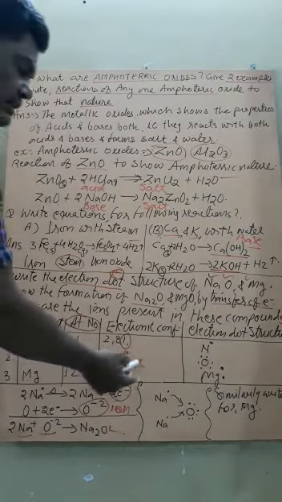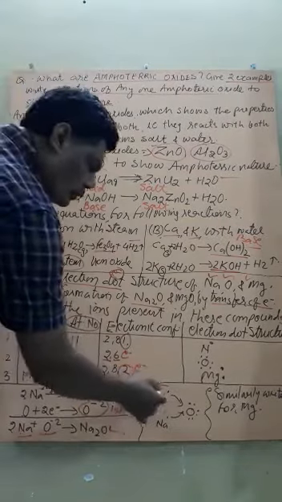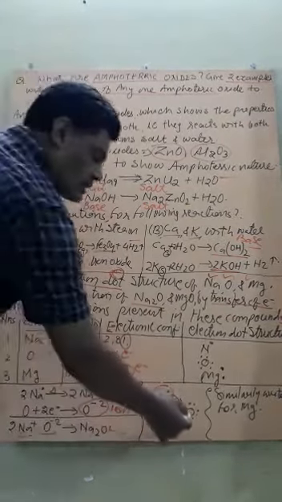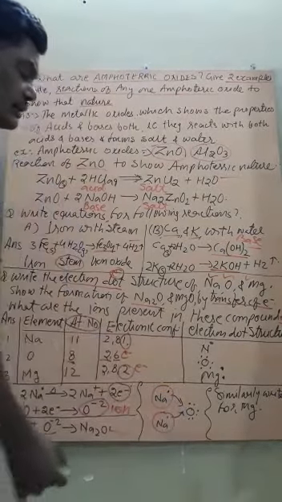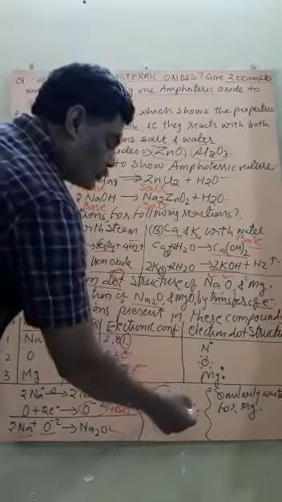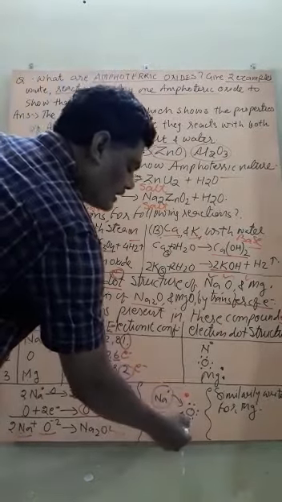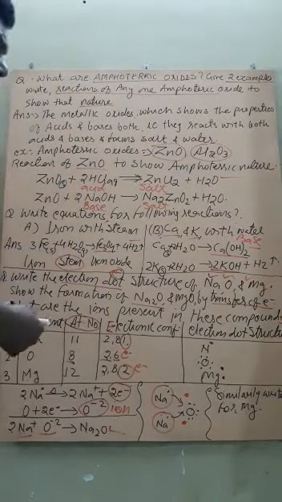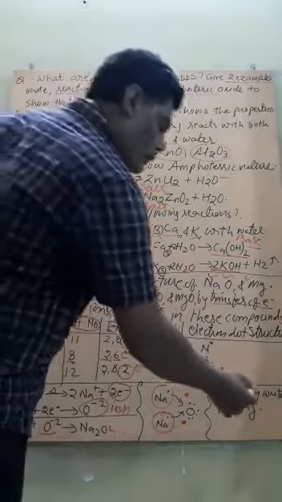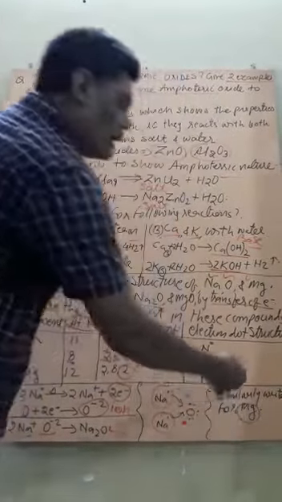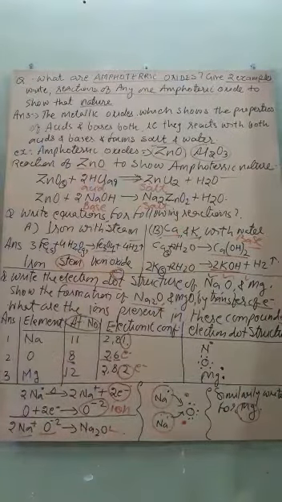We can show the electron transfer process. Now 2 Na with their 1 valence electron each and 1 oxygen atom having 6 valence electrons. Each sodium will give its 1 electron, so that the octet of oxygen is completed. Students, similarly, this is homework for you: you have to write the formation of MgO, that is how Mg reacts with oxygen to form MgO.